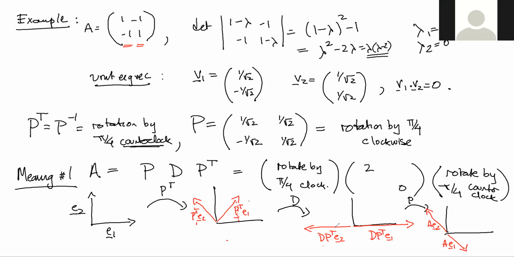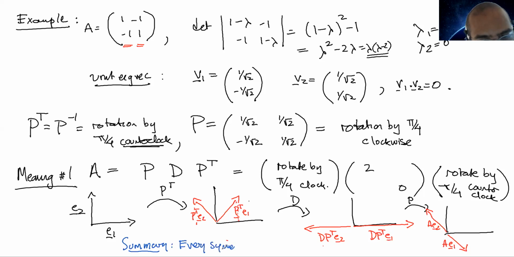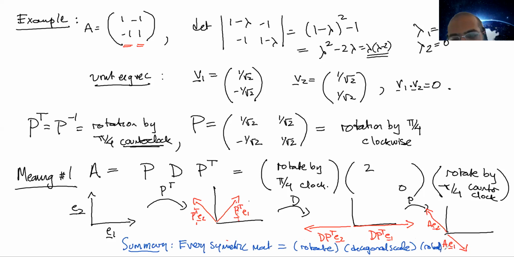Oh, okay. Yep. So the summary, which is true for every symmetric matrix, is that it can be written in this way: rotate, diagonal scale, and then rotate back.